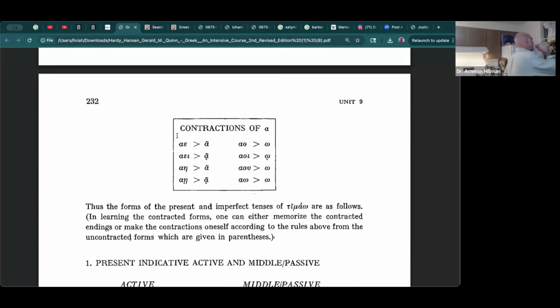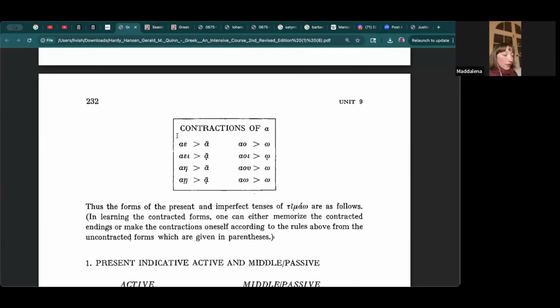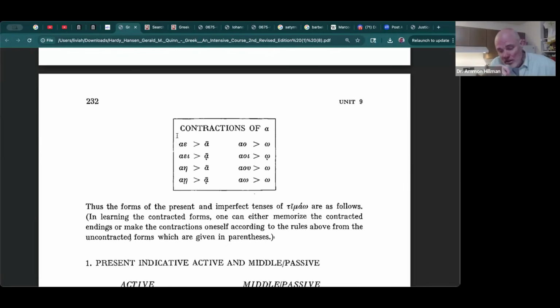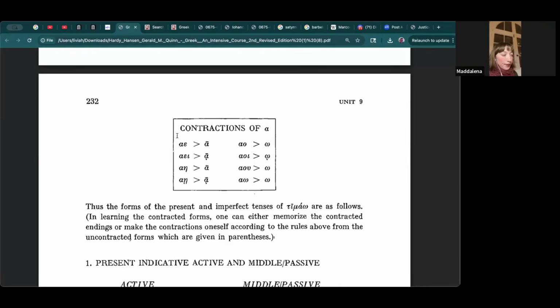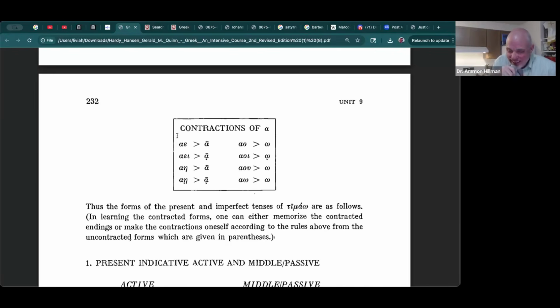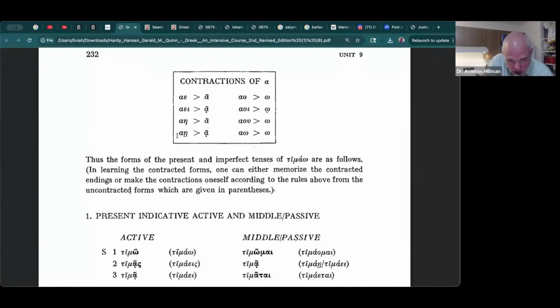That alpha does not hold the strength that the omega does. The omega is the big black hole of the vowels. It sucks all of them in. The only one that seems to have any staying power is the iota. Notice there's an iota subscript. So maybe in this vowel, you could still hear a little cry of the iota. So iota special, iota special.